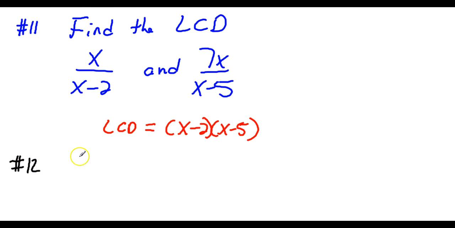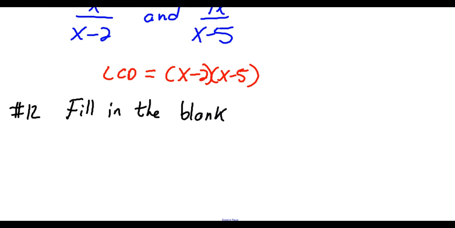Okay, for number 12, this one asks you to fill in the blank. We've got negative 5 over 3v plus 5.